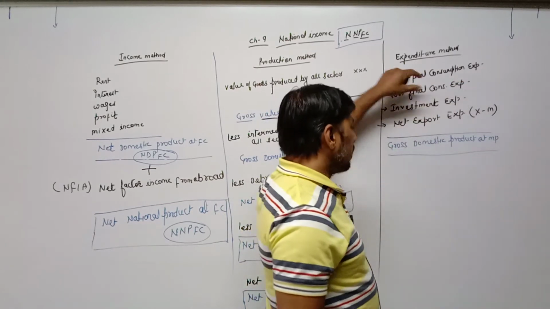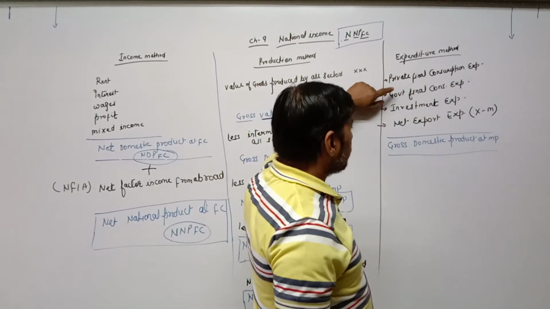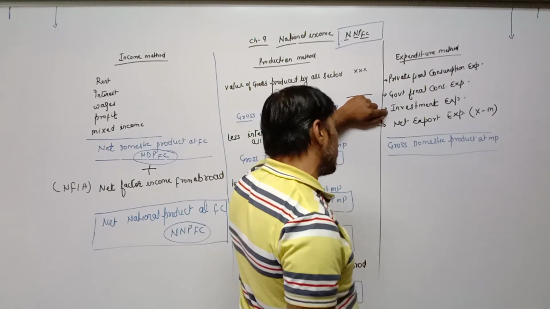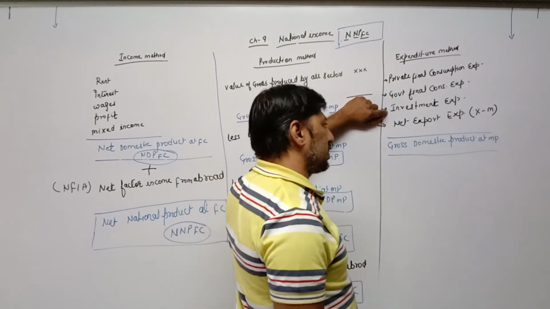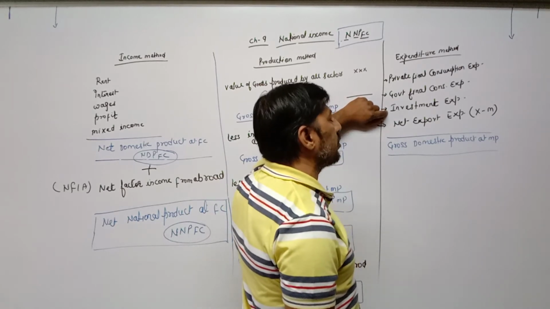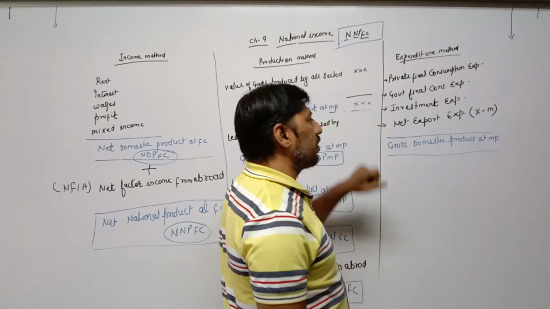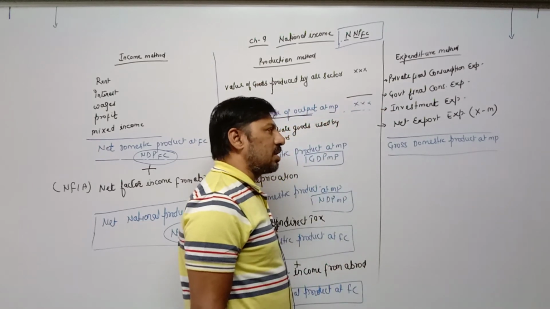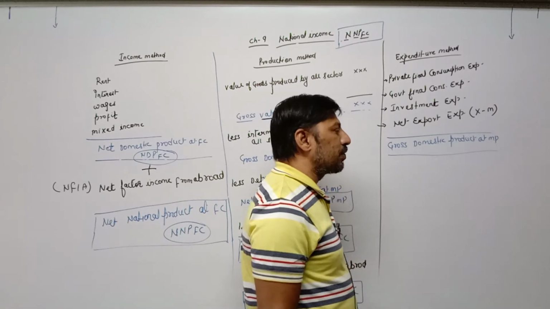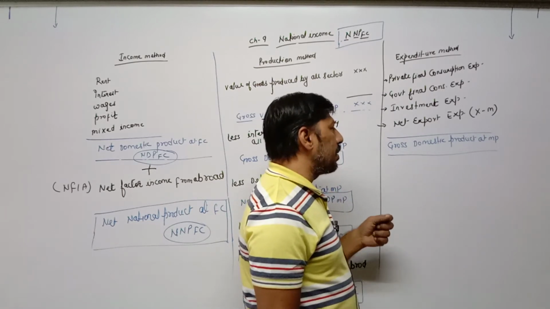For example, take investment expenditure. When we are producing goods, we need to use various types of fixed assets, and the value of those fixed assets also reduces at the end of the year, and that is called depreciation.